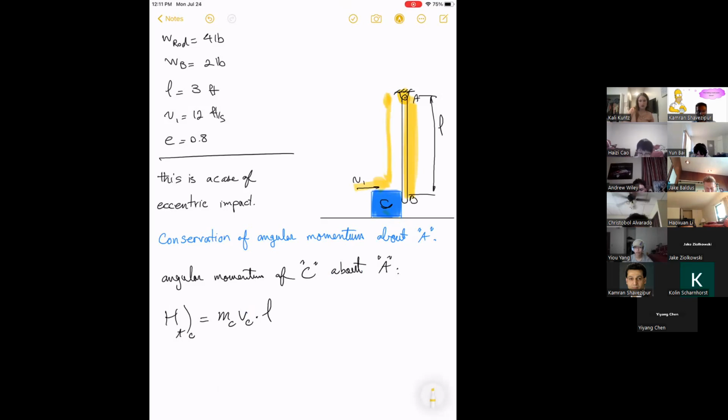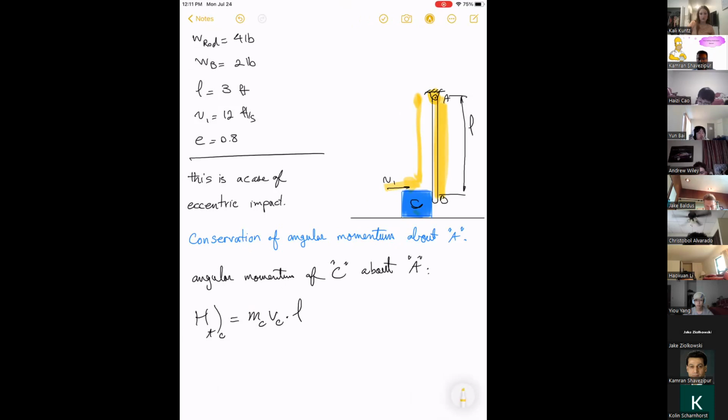I think the problem says that the rod is stationary at the beginning. It doesn't say anything about its motion, so we suppose the rod is stationary. If that's the case, technically H_A is H_A for C plus H_A for the rod, right?